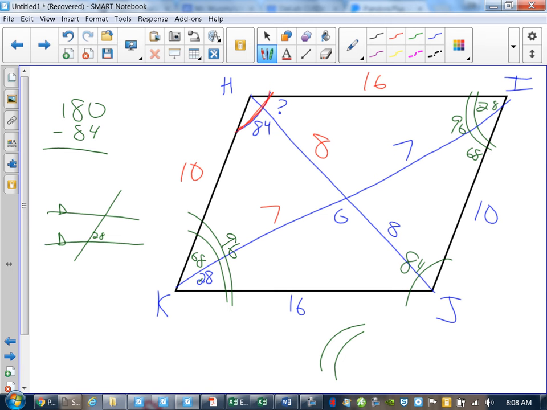Well, if I do the 180, I only have one angle in the triangle, don't I? Well, you have side angle side, okay. How do you find a missing angle? You do 180 minus 84, then you get the 96, and you subtract that by the 96. Isn't it like 36? No, we don't know that. But here's what you could do.